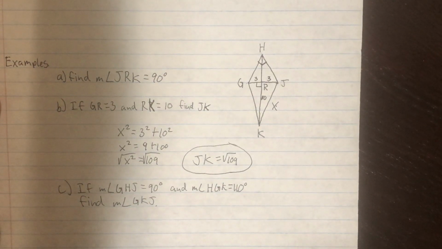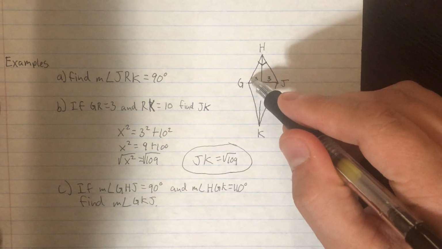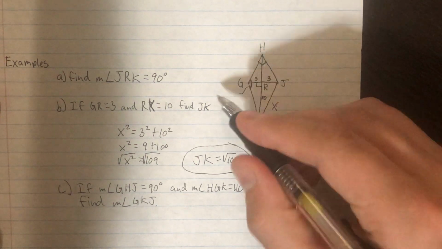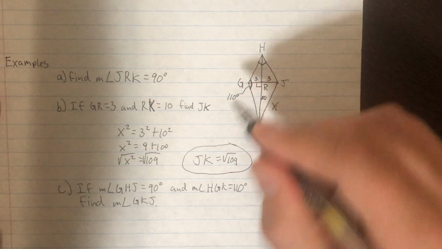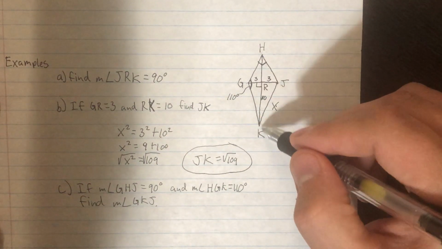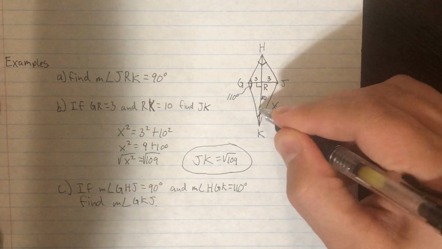Doesn't quite look like it's 90, but that's okay. And angle HGK, this entire angle here, is 110 degrees. We're supposed to find angle GKJ down at the bottom. This entire angle, we will call that Y.